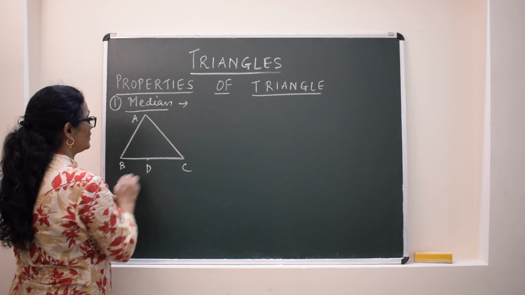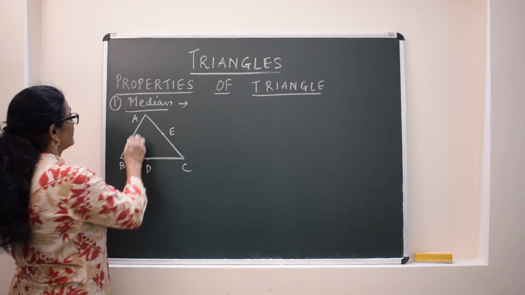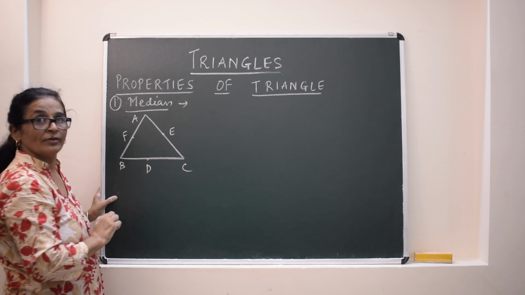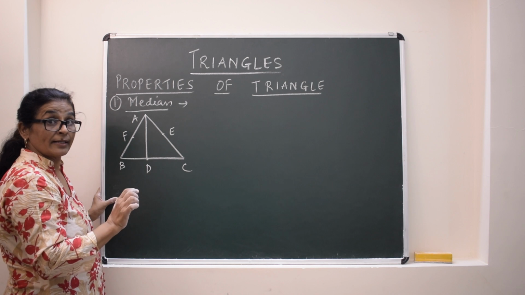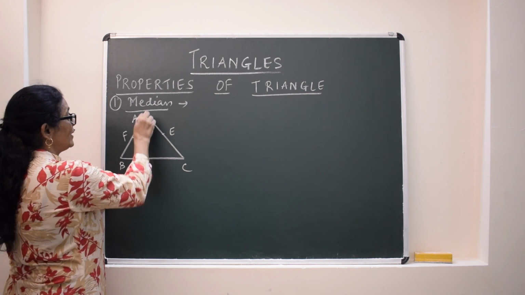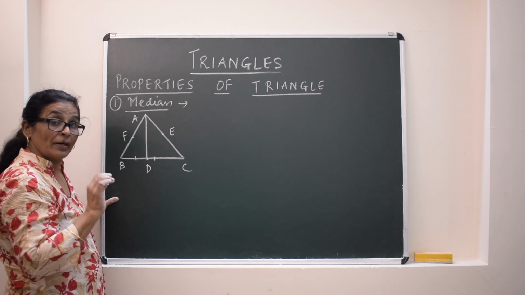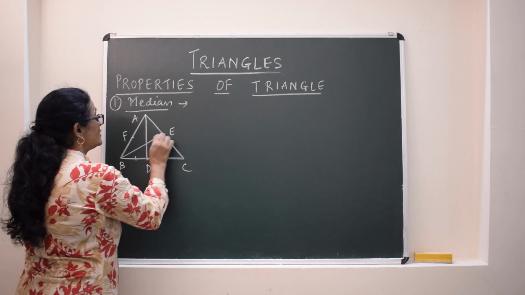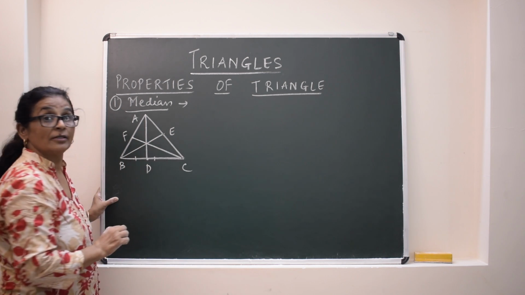So if D is midpoint of BC, E is midpoint of AC, and F is midpoint of AB. So from the vertex to the midpoint of the opposite side will be called the median. So AD is first median, which will divide the opposite side into two equal parts. BE is another median. Similarly, CF is the third median.